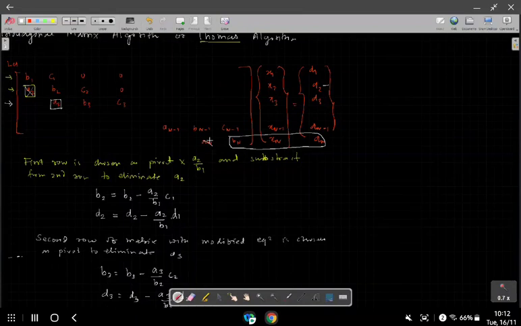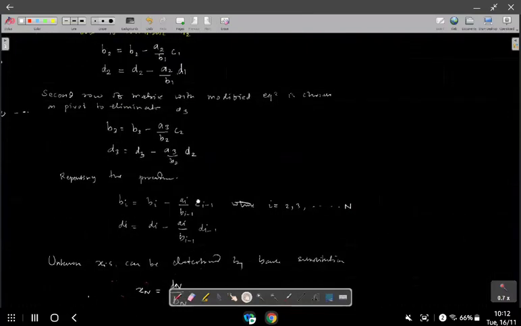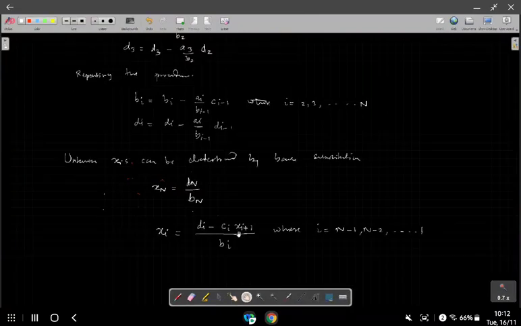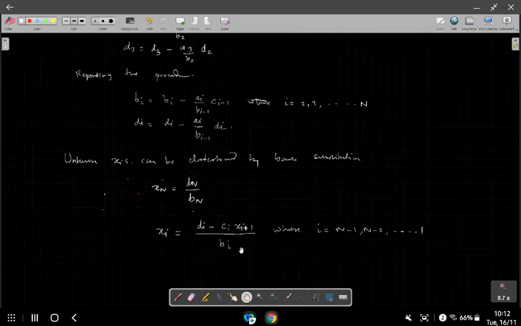Now this is 0. So xn is equal to dn divided by bn, and here this value is 0. So xn minus 1 is calculated as xn minus 1 equals dn minus 1 minus cn minus 1 times xn, divided by bn minus 1.